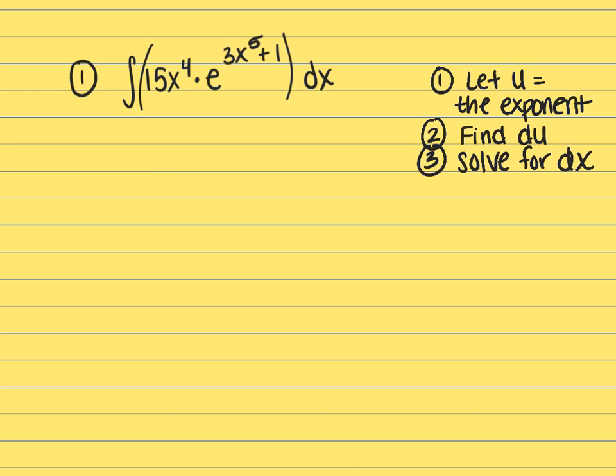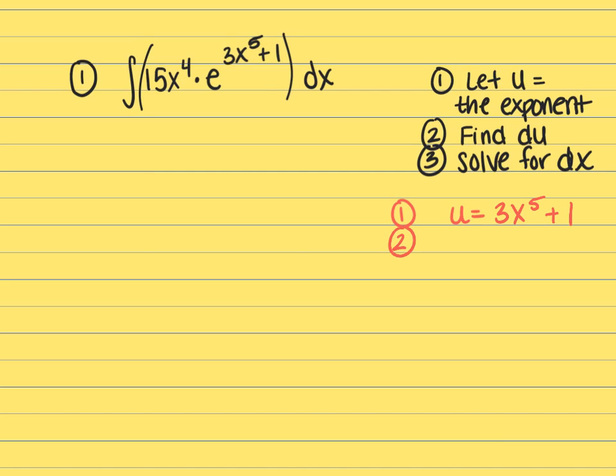Right? Just like we did yesterday. So, step 1. Let's start with u. So u is equal to this exponent up here, 3x to the 5th plus 1. So u is equal to 3x to the 5th plus 1.